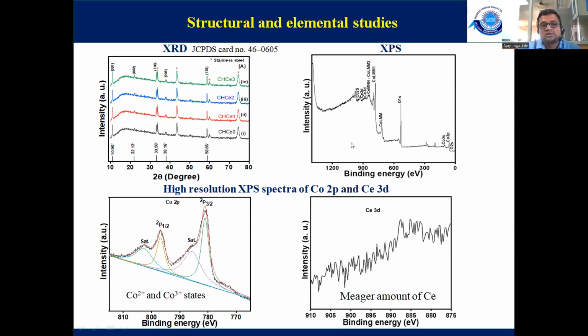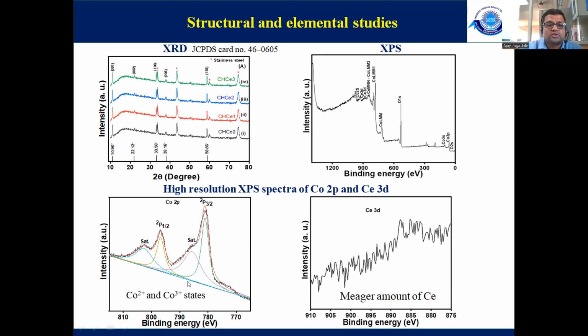In order to confirm the presence of cerium in the cerium doped alpha cobalt hydroxide, we chose to go for XPS analysis. From XPS, it is seen that cobalt, cerium and oxygen were present in the sample.